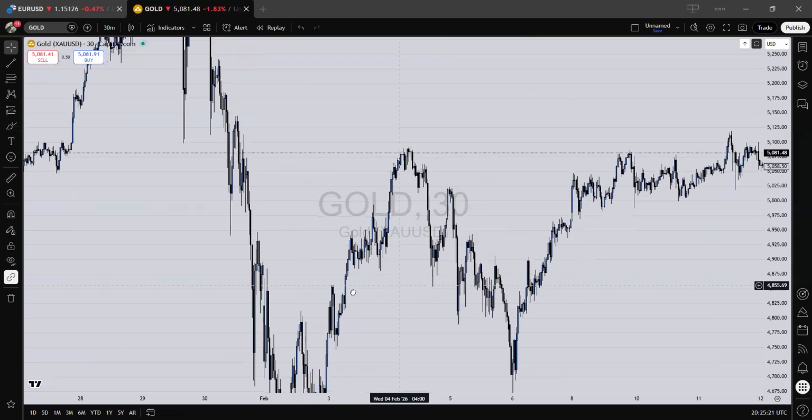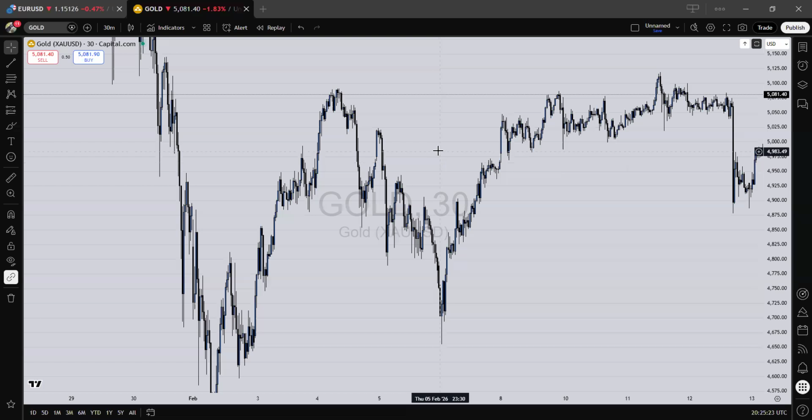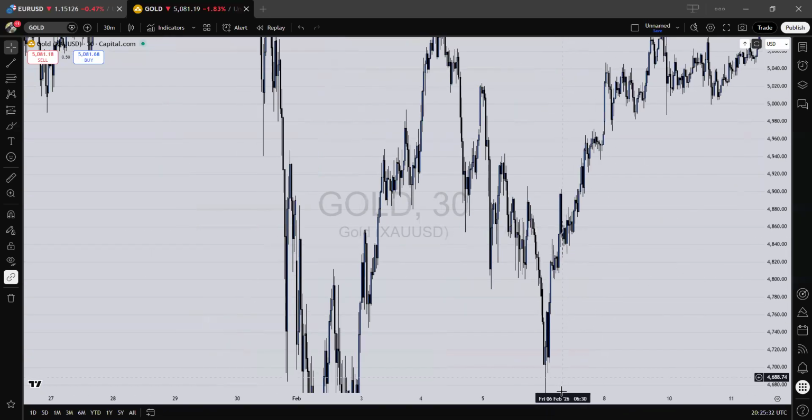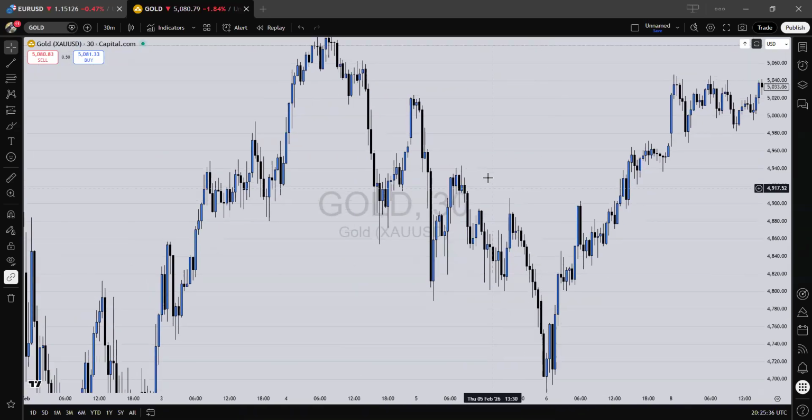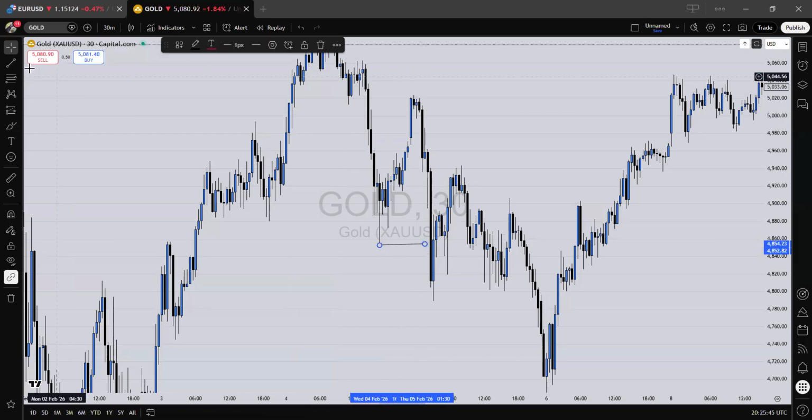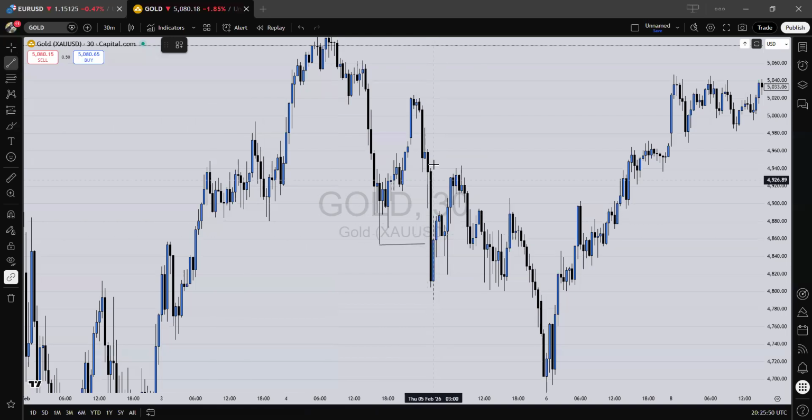All right. What do I mean? Gold takes out liquidity, seek another liquidity or create one.